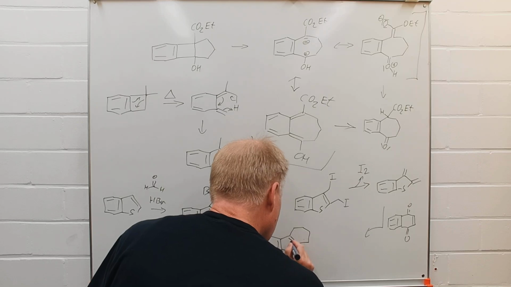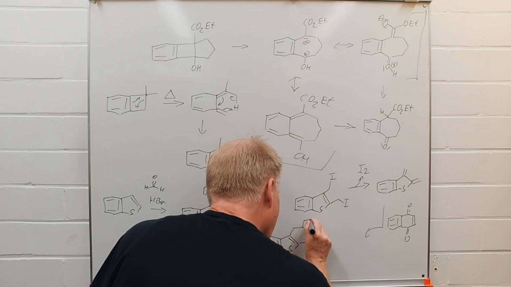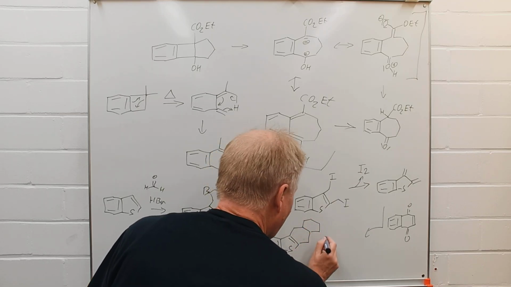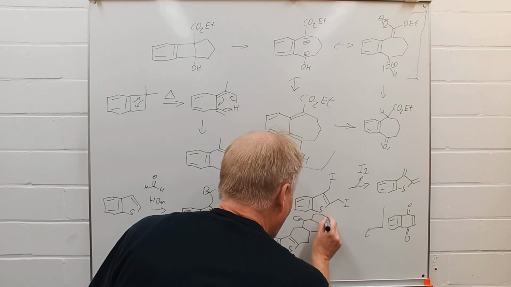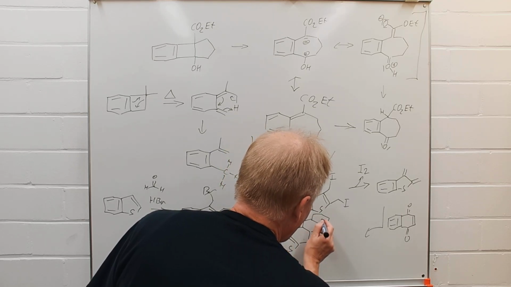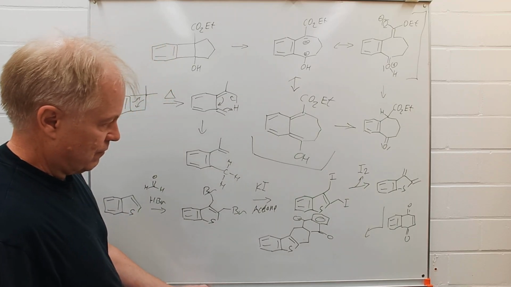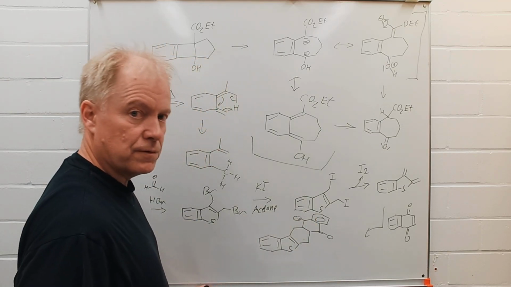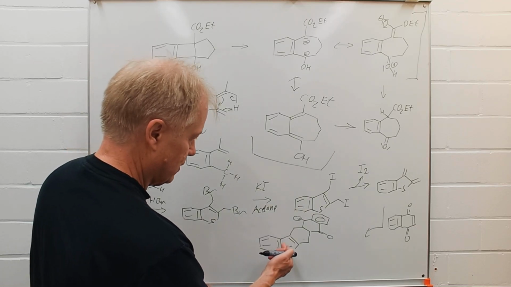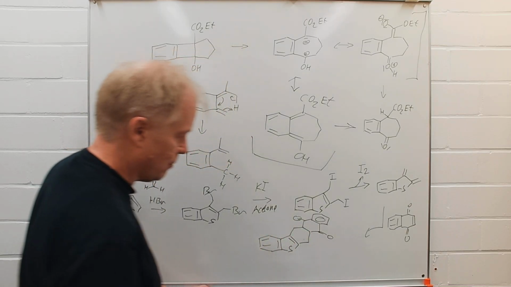Six-membered ring. This one: 1, 2, 3, 4, 5 annulated rings, 1 heterocycle, 2 carbonyl groups.